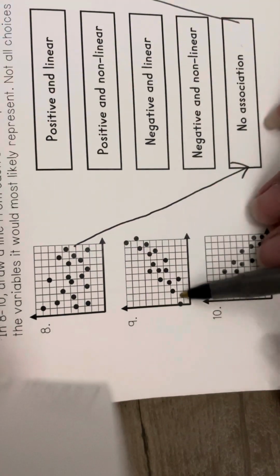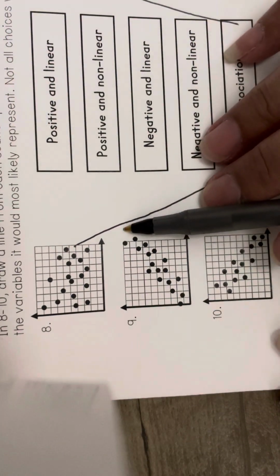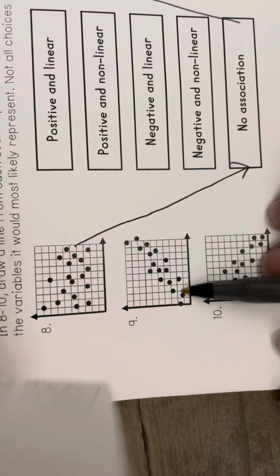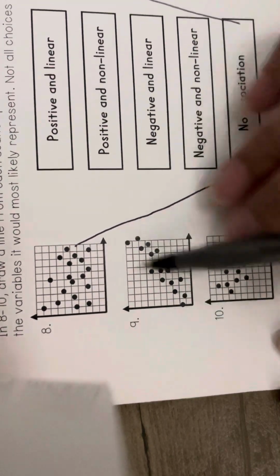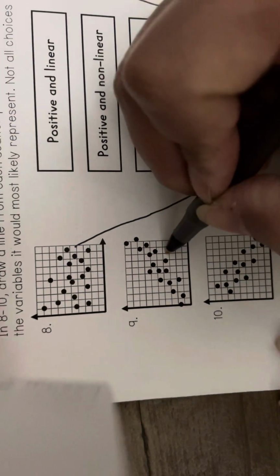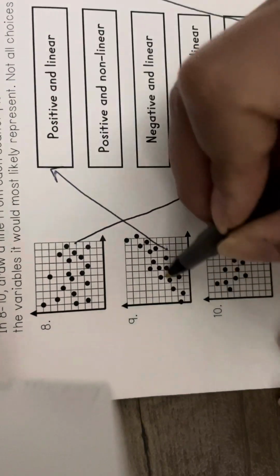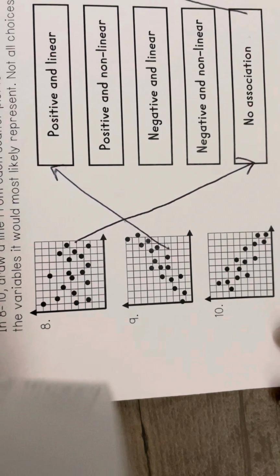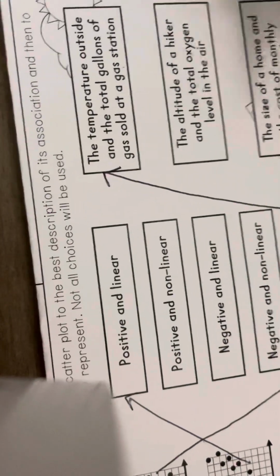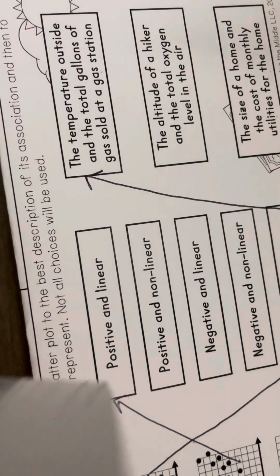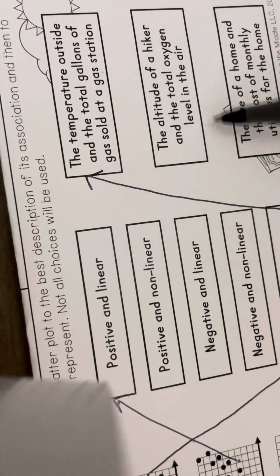Okay, now this one I can see it's got positive. So as the X goes up, the Y goes up, positive. And it's linear, right? So I'm going to go positive, linear. I can picture a line like that. And then which scenario out of the two left right here is going to be both increasing?